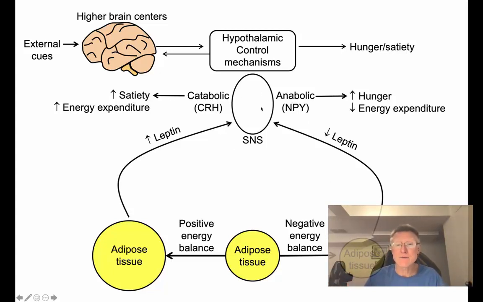So that's why it's very difficult, once you lose weight, to maintain weight loss. And the reason for this is because the message that is coming from the adipose tissue to your brain is that you need to increase energy availability. How do you do that? Well, first you try to eat more, and that's where hunger comes into play. Now, if that doesn't really solve the problem, you still have another way of doing this, which is reducing energy expenditure.